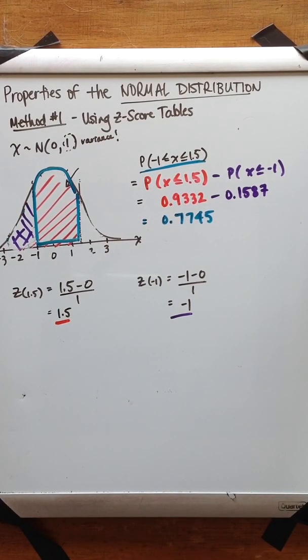We can use those z-score tables to convert them into probabilities, and that way we can find the areas, which are the probabilities, under the curve for specific values or ranges of x. We'll look at some other ways to find these probabilities as well using some electronic software options.